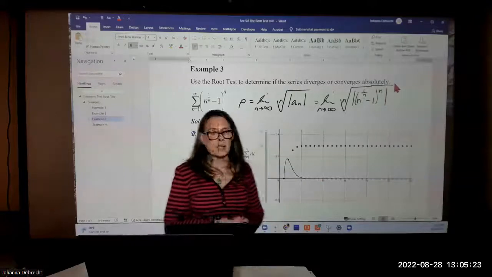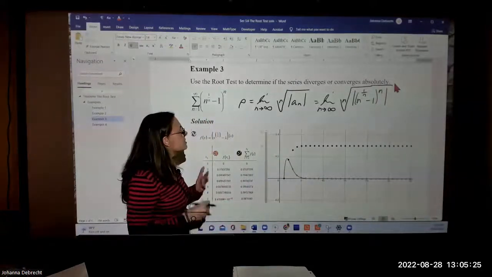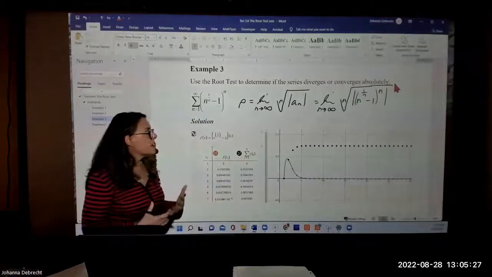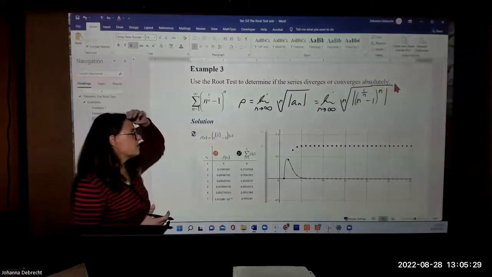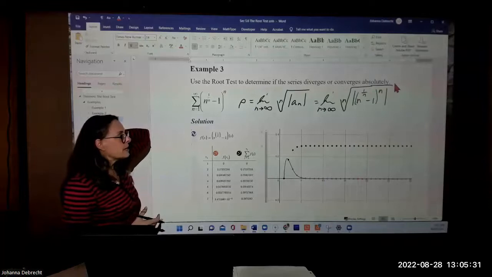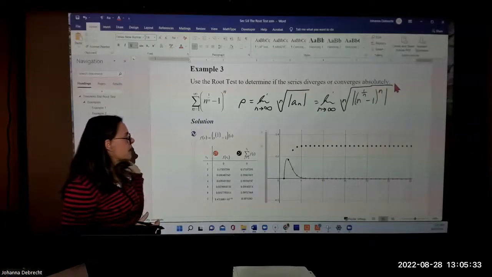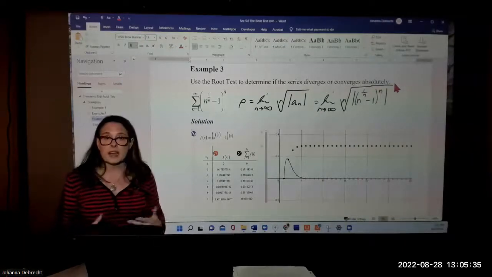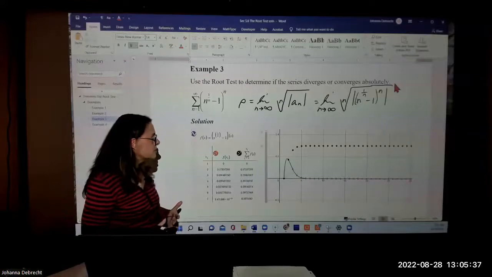Now I have to ask myself, is this going to produce positive values? Can I drop the absolute value? Well, I have to think about what n to the 1 over n is. And I might actually go off somewhere and plot it so I can see what it looks like.